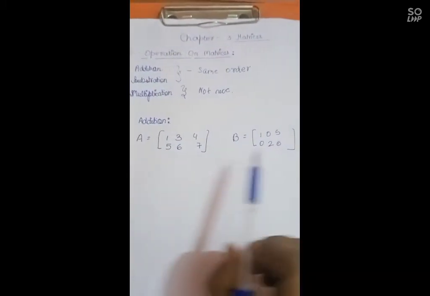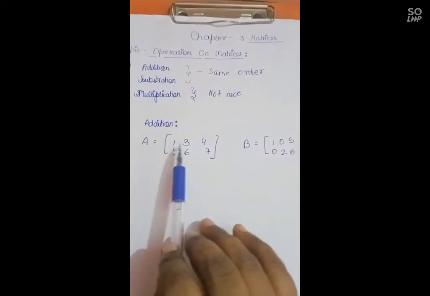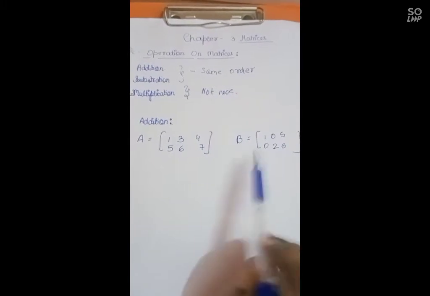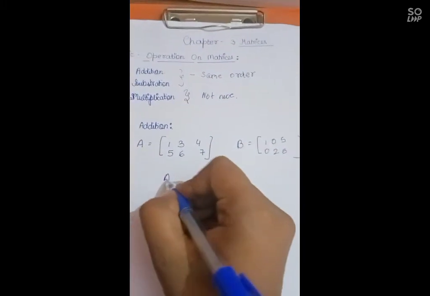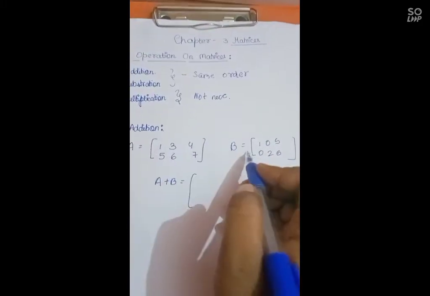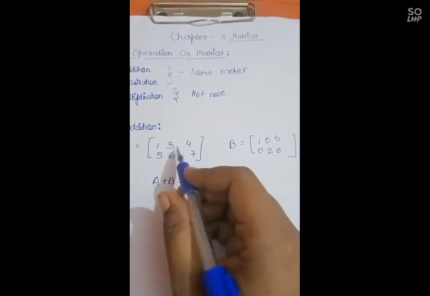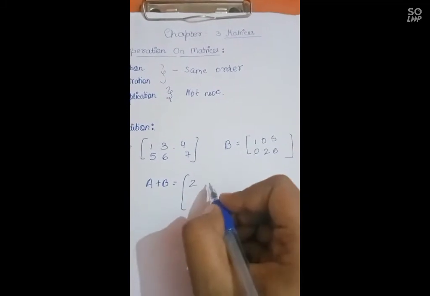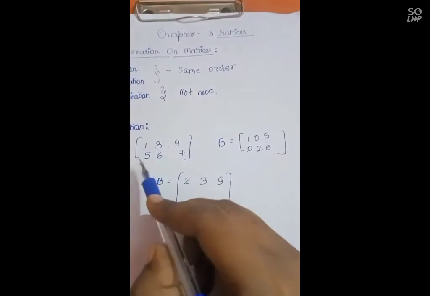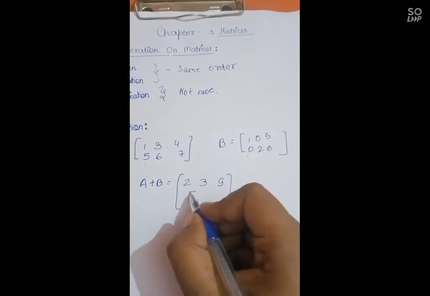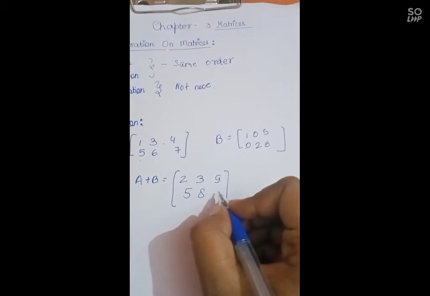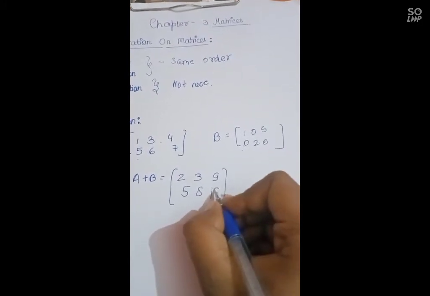If we have to add them, then we will add the corresponding element of A to the corresponding element of B. So the result will be A plus B equals 1 plus 1 is 2, 3 plus 0 is 3, 4 plus 5 is 9, 5 plus 0 is 5, 6 plus 2 is 8, 7 plus 6 is 13.